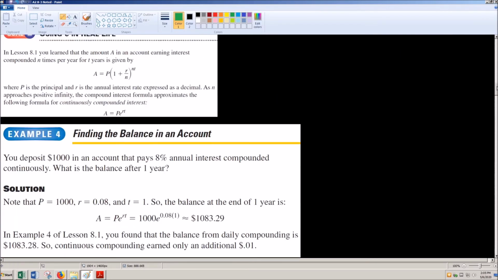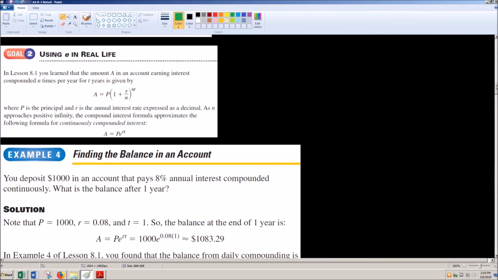Here's where we start getting into the real life application. So now is when we talk about, well, when will something continuously compound? So maybe I have an interest account, which is continuously compounding. Maybe I have a population, which is continuously compounding. There are two distinct ways of looking at this. One is when I have something which is increasing periodically. So this one right here is increasing periodically, okay?